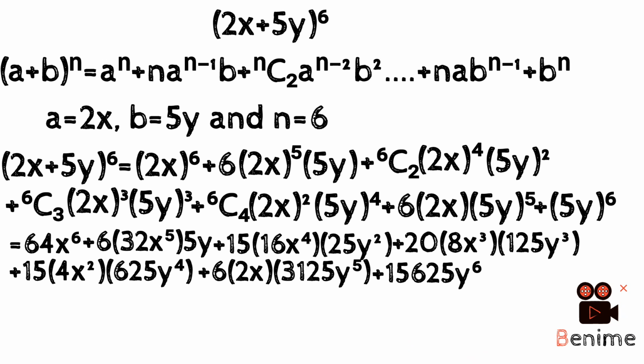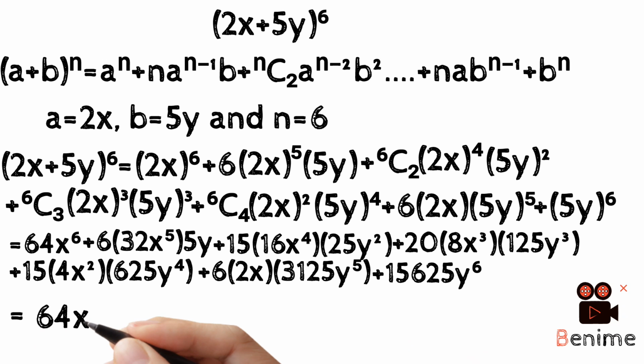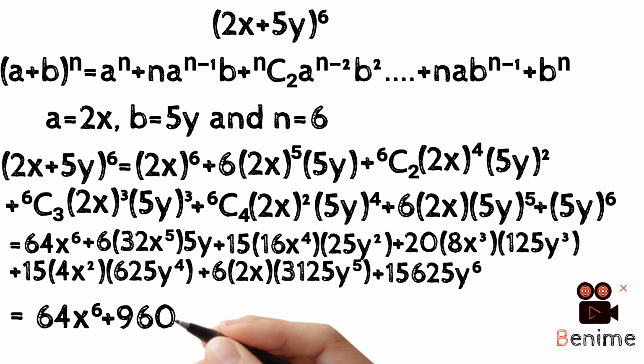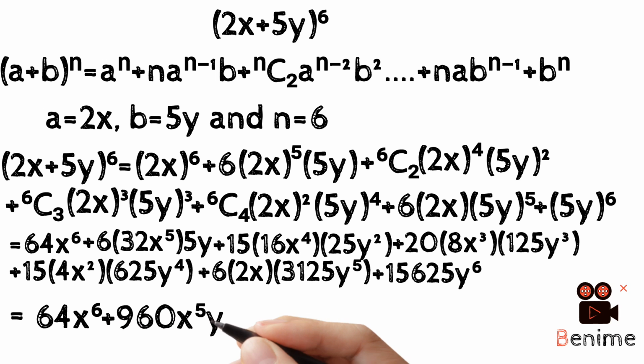Then finally, the last step, just expand and make it neat. Our first term is settled already. That's 64x raised to the power of 6. Then the next term, multiplying out what we have, that's 6 times 32 times 5. You find out that it's giving 960. So put your x, that's x raised to the power of 5, then put your y, that's just y.